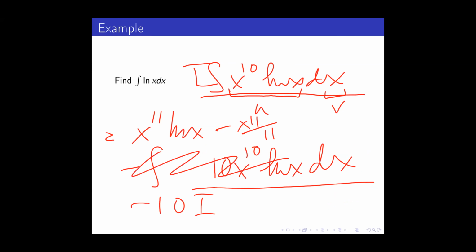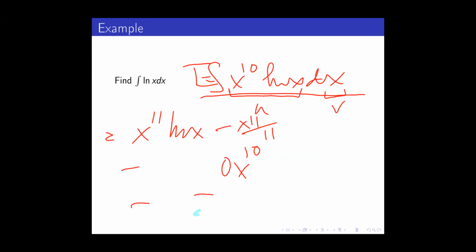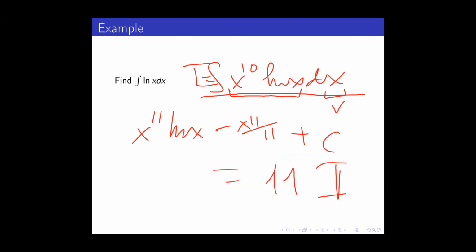So I move it to the other side, then it follows that this one here, plus C, is exactly 11 times I. So now you divide both sides by 11, then you get the answer.